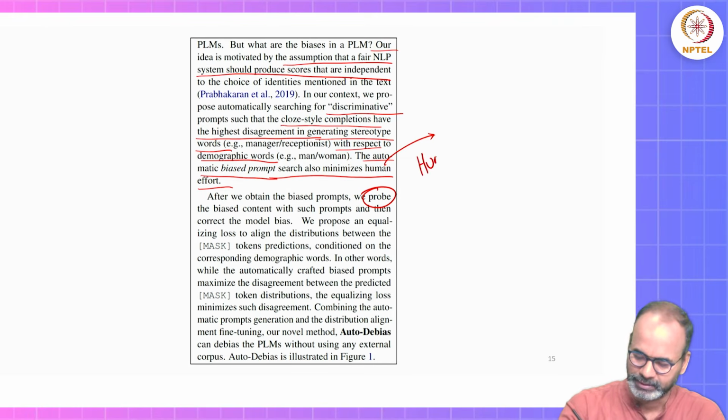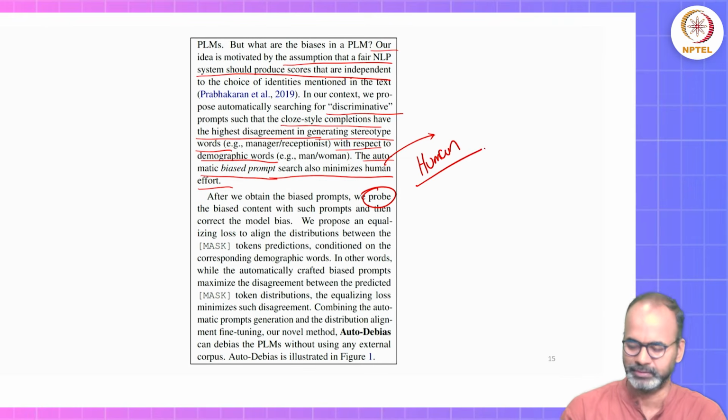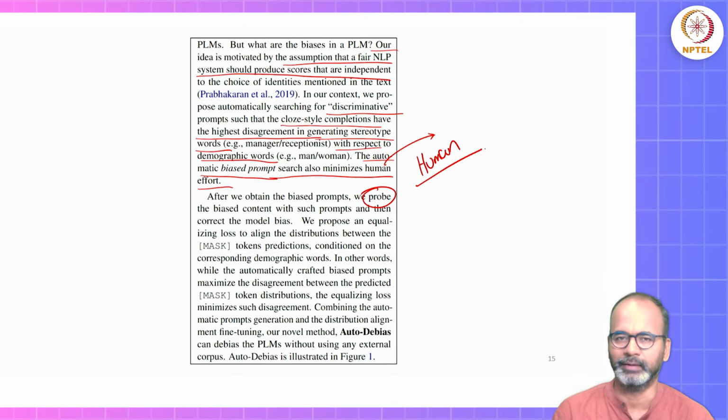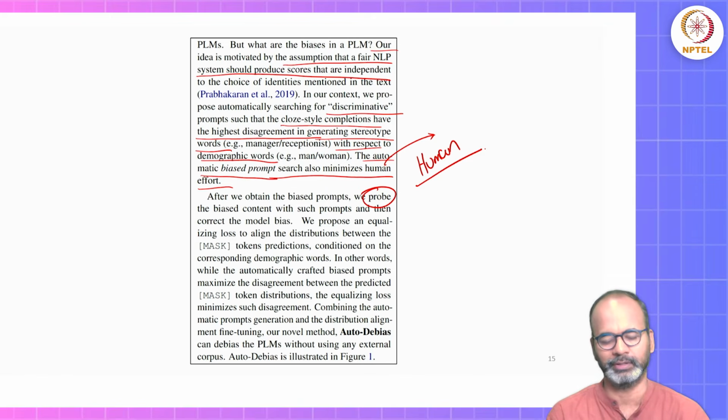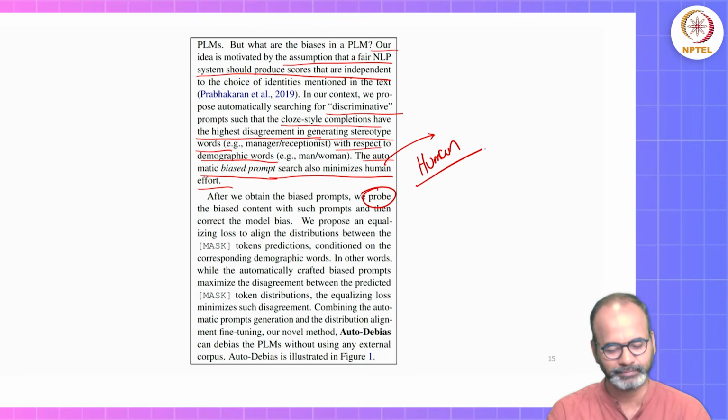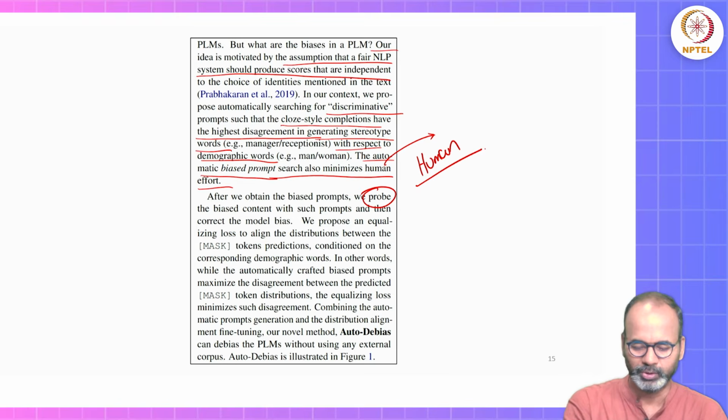One of the things is that until then the data sets had been created by humans. Can we actually get the automatic search for these prompts? The prompts generated sentences, and their goal was, we propose automatically searching for discriminative prompts such that the closed type completions have the highest disagreement in generating the stereotype words, manager, receptionist.